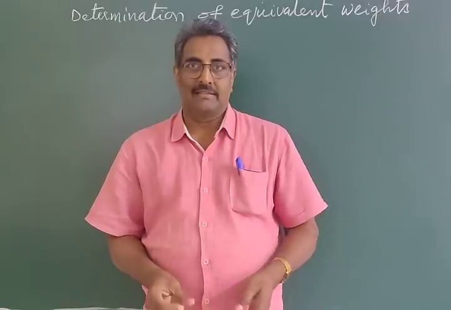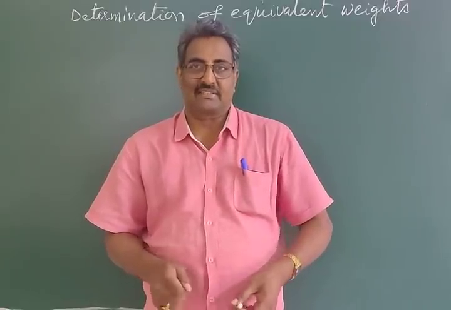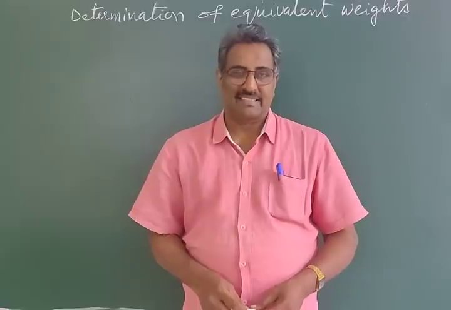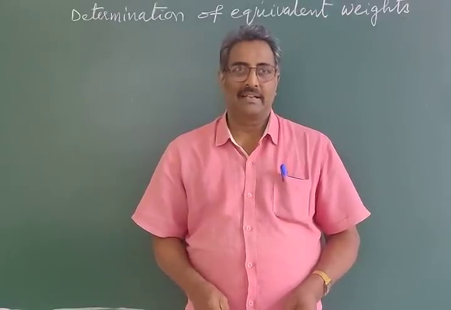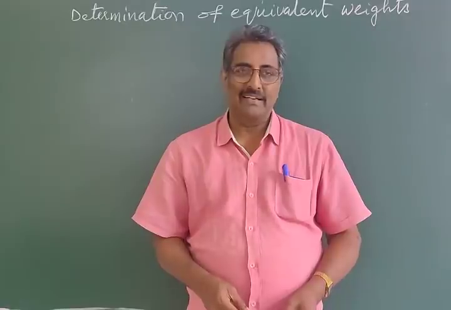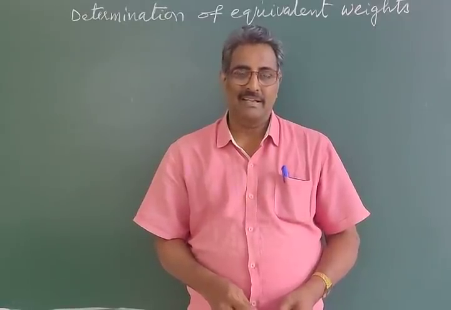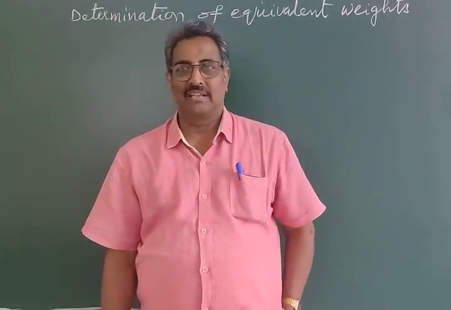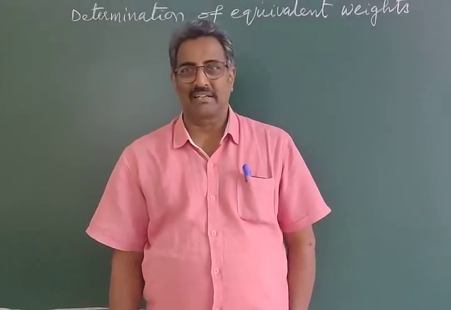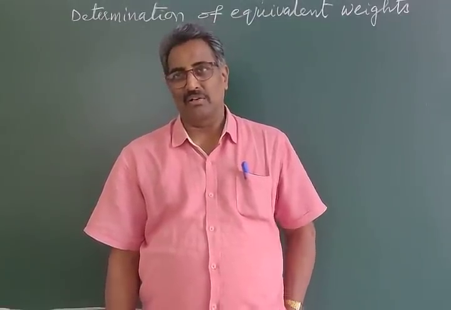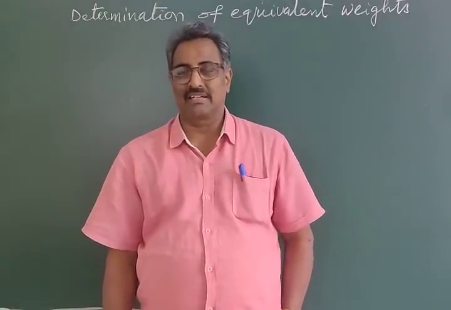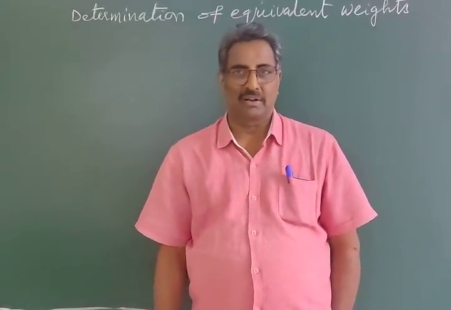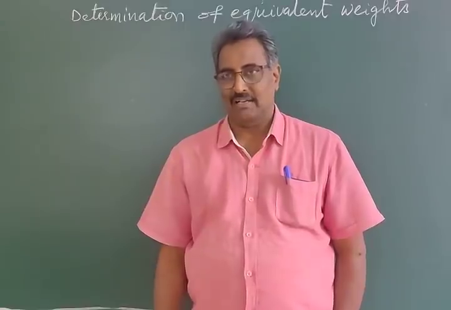In the previous class, we discussed the various definitions of equivalent weights. We discussed three definitions: equivalent weight in terms of mass, expressed by comparing with a definite mass of the elements oxygen, hydrogen and chlorine, or definite volumes of oxygen, hydrogen and chlorine, or in terms of a definite number of electrons, that is 1 mole of electrons.